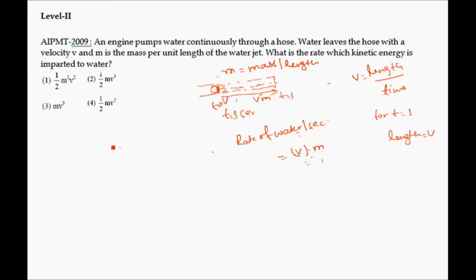Now we have to calculate the rate at which kinetic energy is imparted to water. So we have to calculate dK by dt, or how the kinetic energy is imparted.